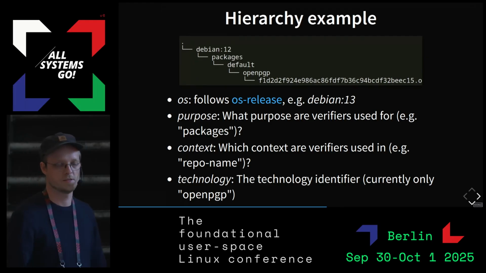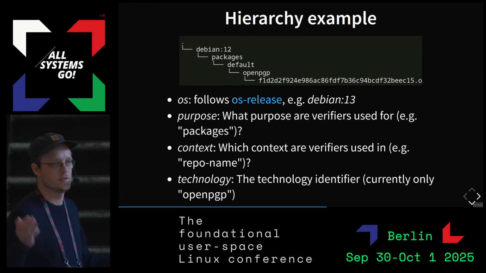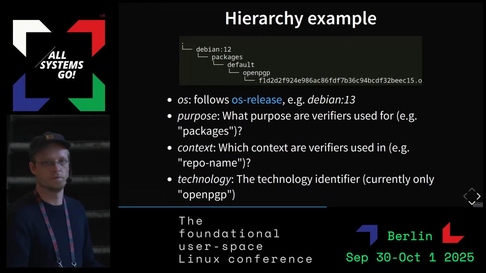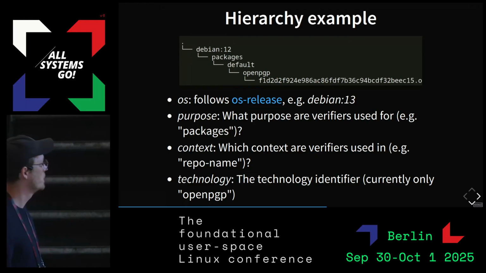It doesn't specify what type of context it is used in, which means it's usable for any type of package verification. This is just an example, of course. And we encode specifically the technology here as well.